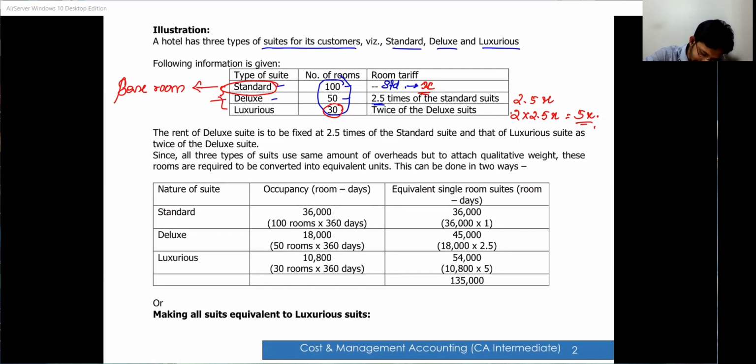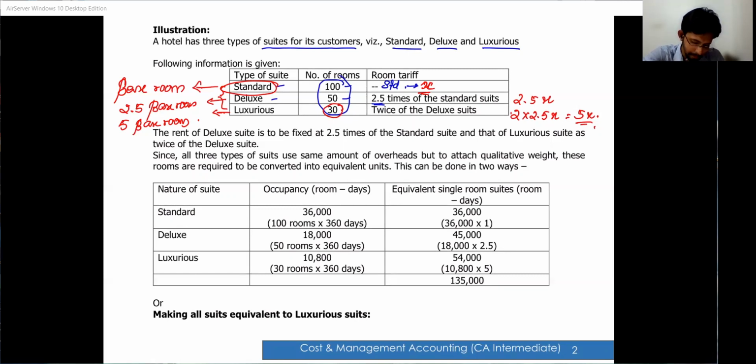Now, deluxe is equivalent to 2.5 of base room, whereas luxurious is equivalent to 5 times the base room, depending upon the tariff. Now, if that is the case, how many equivalent rooms can be identified here?